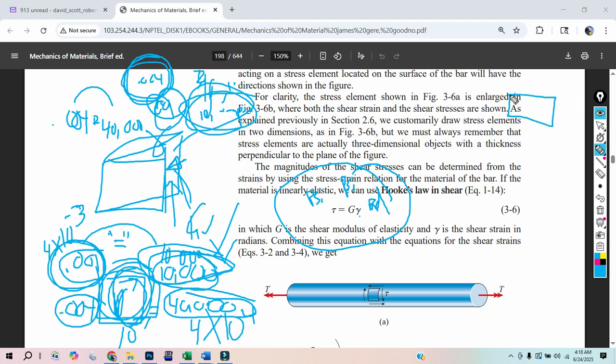I hand you a chunk of steel. I can say 58,000 pounds, I can say 2 millimeters. I can say 58,000 psi, and I can say 0.002. You know what I mean? And that's what we're getting at. In shear, if I hand you that 1-inch square bolt, I can say 0.004, and then I can say 40,000 psi, let's say. That's what we've been trying to do with this.